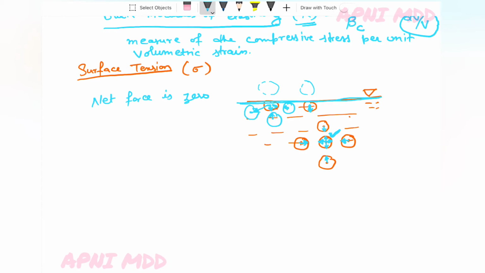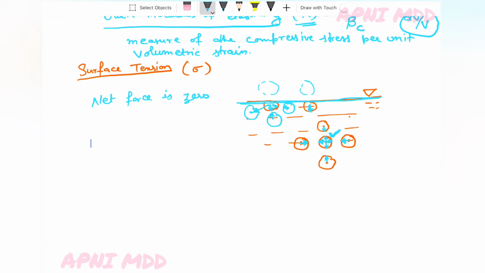So that's why the liquid surface is in the form of a stressed membrane. So at that surface, some inward forces are acting. Okay. So now you can say if we want to take all the molecules on the surface of this liquid out from the surface, we have to apply certain force.